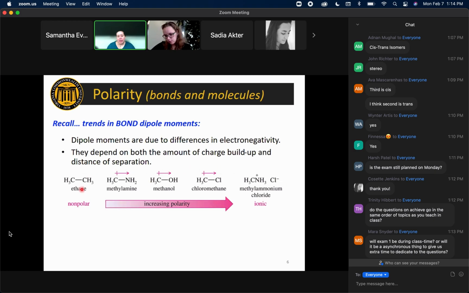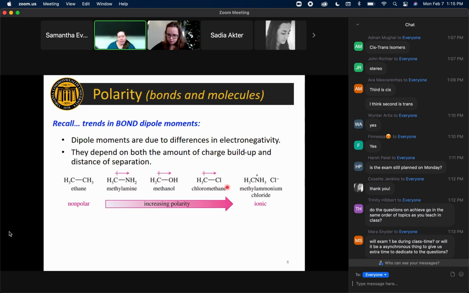And we talked about periodic trends, right? If you are looking at trends along a row of the periodic table, then as you increase the electronegativity of the bonding partner, if all else is the same, you're going to increase the polarity of that bond.